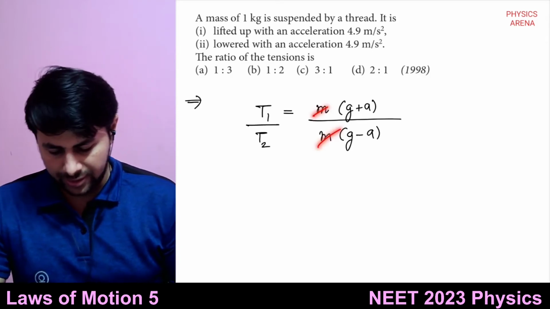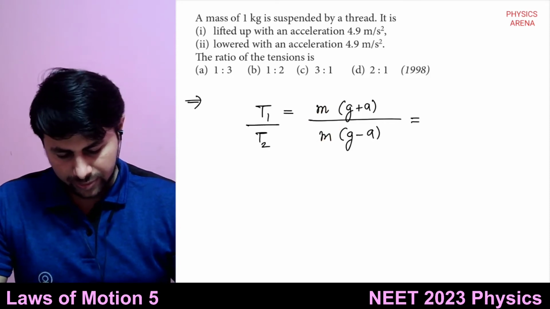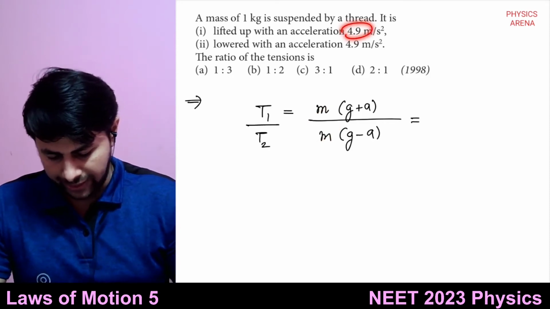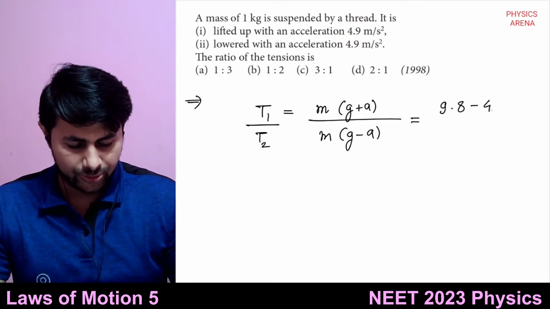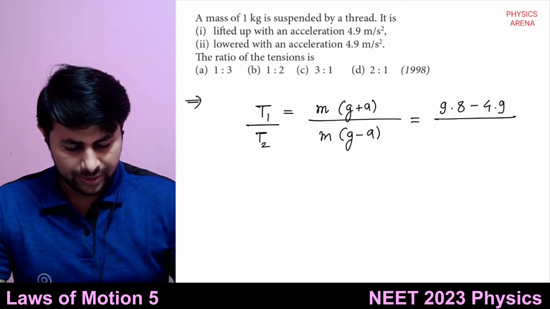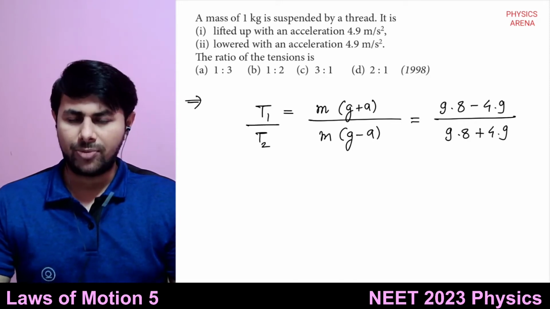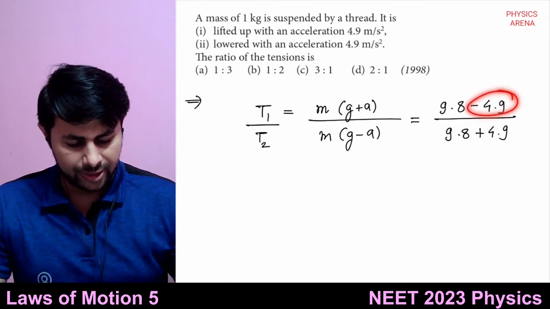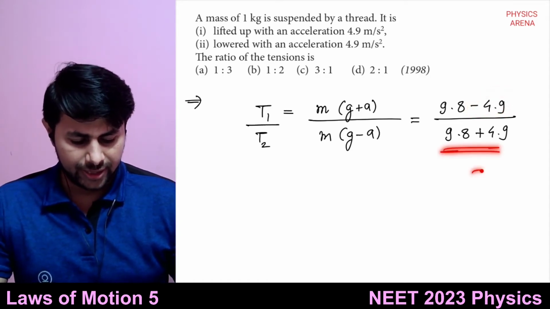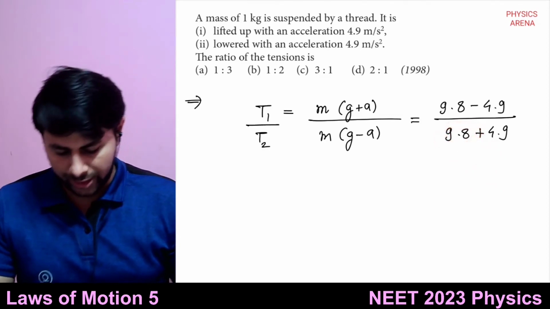M gets cancelled, (g plus a) divided by (g minus a) is the ratio, and a is 4.9. Okay, so it is 9.8 minus 4.9 divided by 9.8 plus 4.9. 4.9 is half of 9.8, right? So this is 4.9 divided by, this is 3 times 4.9 because 9.8 is 2 times 4.9.